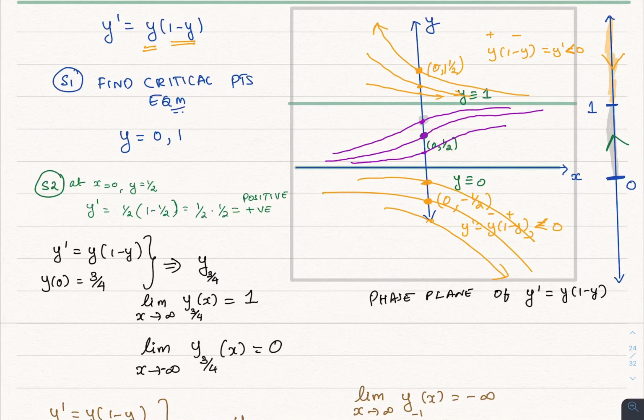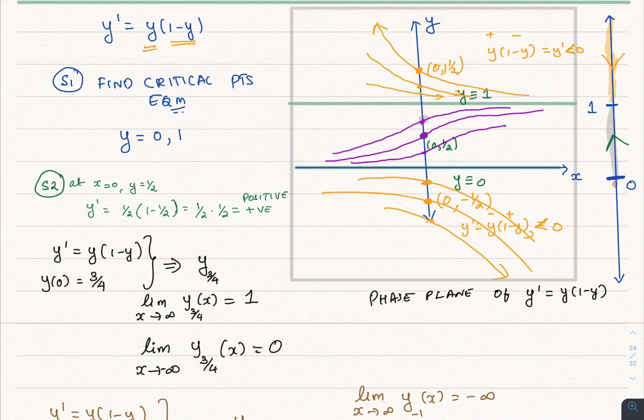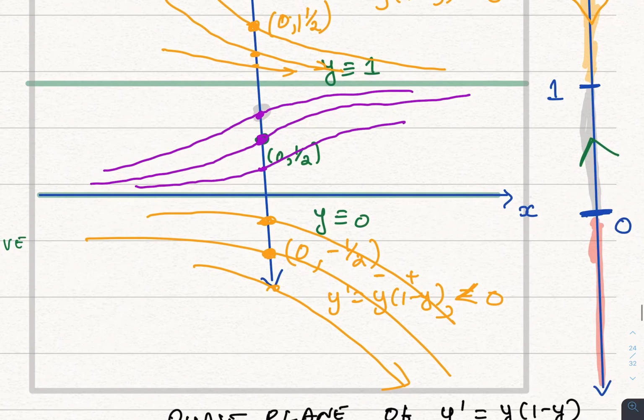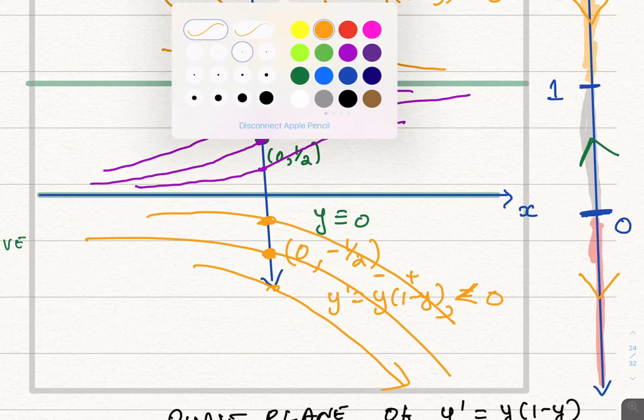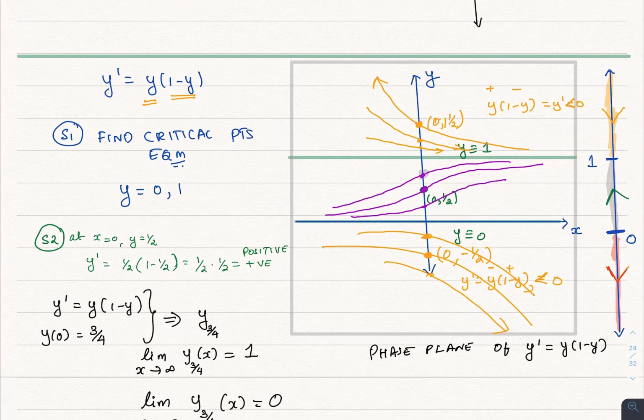And below 0, let's go with some red, in this region the derivative is still negative, so it's going to go this way. And this one-dimensional line is what we call the phase line.